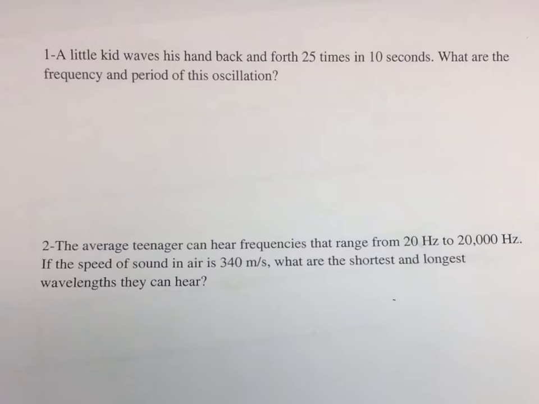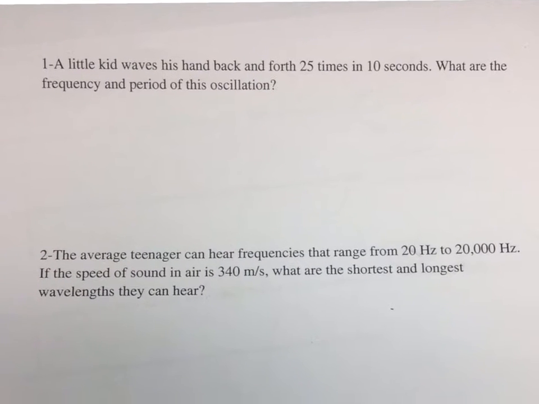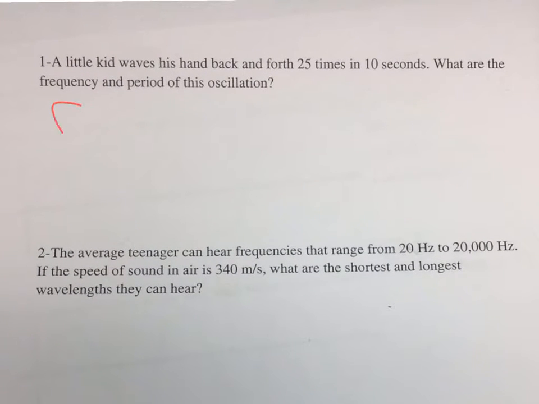Again, we know that the frequency is equal to cycles per 1 second. But here, since it's in 10 seconds, we have to figure out the frequency first, which is 25 divided by 10, which is equal to 2.5. Frequency is in hertz. So that's your frequency.